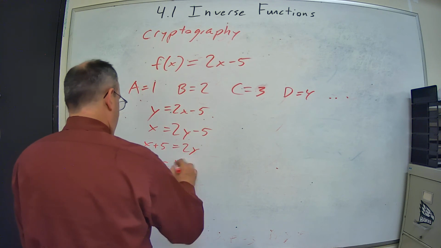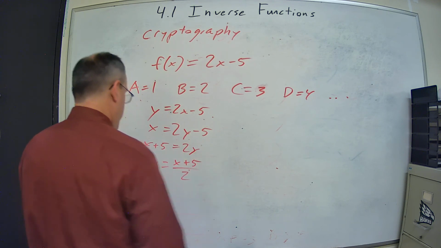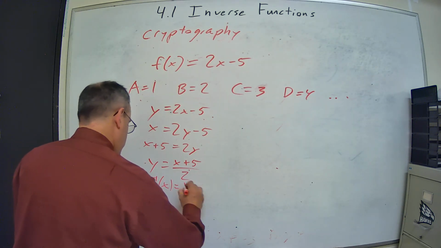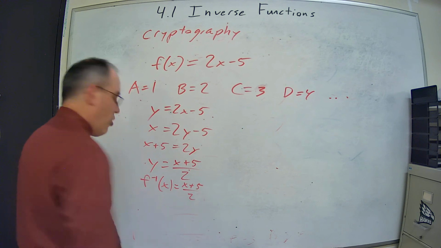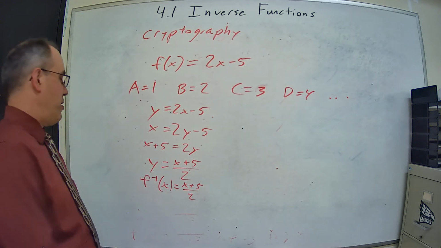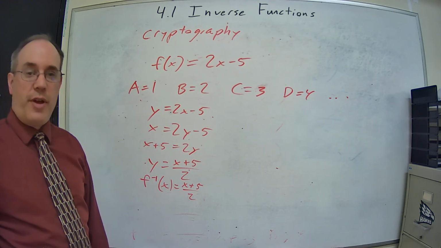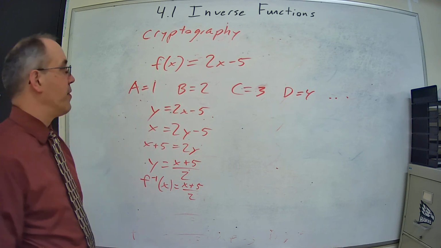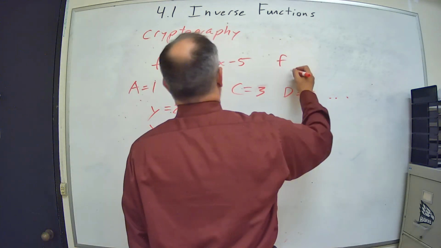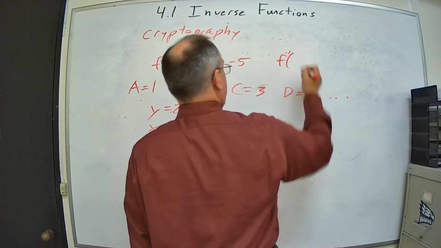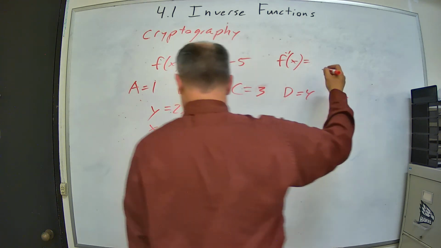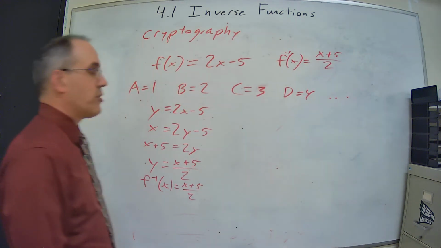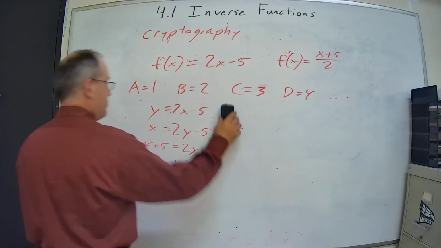Y is equal to x plus 5 over 2. So f inverse of x is equal to x plus 5 over 2. So now we have our function to decrypt the code. So I'm going to put that right here. F inverse of x is equal to x plus 5 over 2. So I have my ability to decrypt.